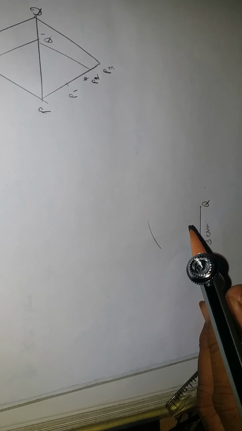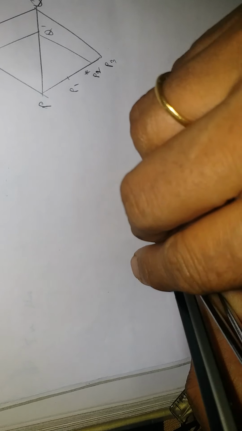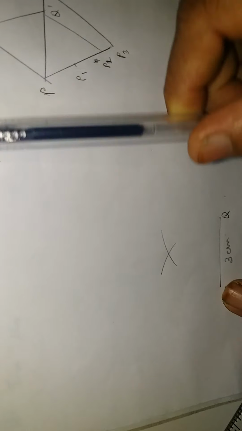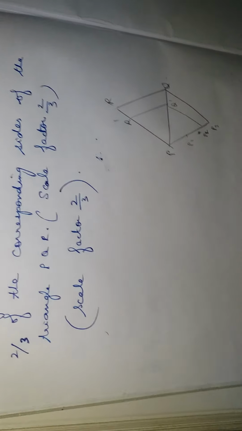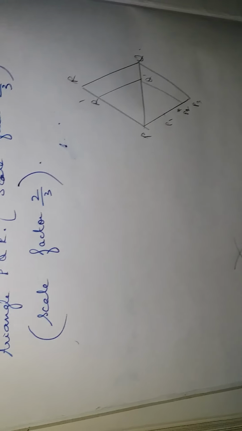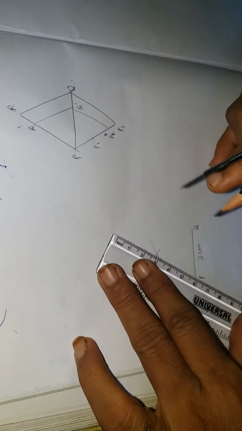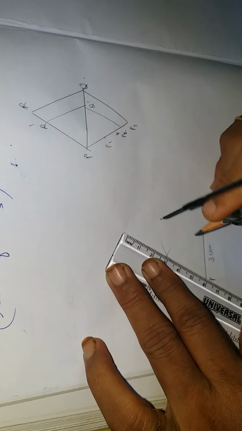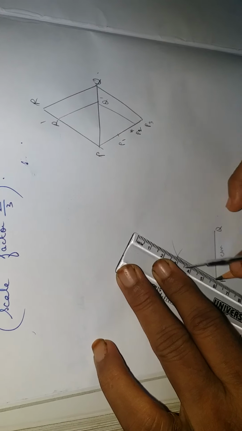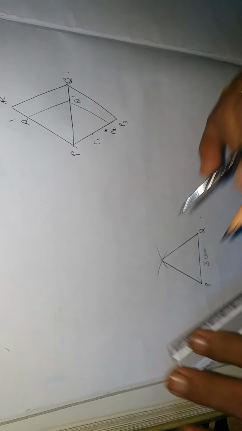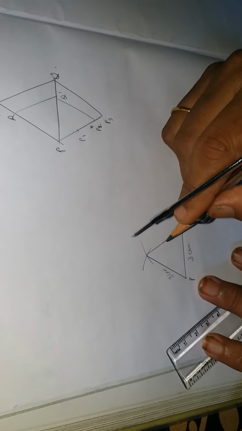So, I am constructing a triangle with the length of the denominator of the given fraction. Your fraction is 2 by 3, so I am drawing one triangle with 3 centimeter on each of the 3 sides, because it is an equilateral triangle. So, all the 3 sides are 3 centimeter.